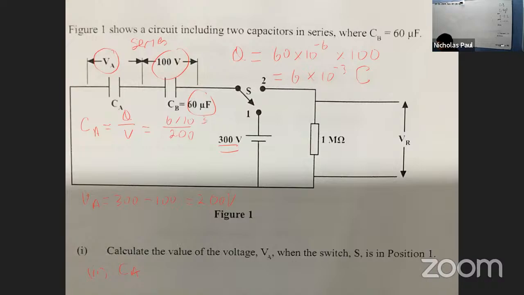And then when you divide it, what you got? 30 microfarads. So if you look at the voltage, you recognize it's half.